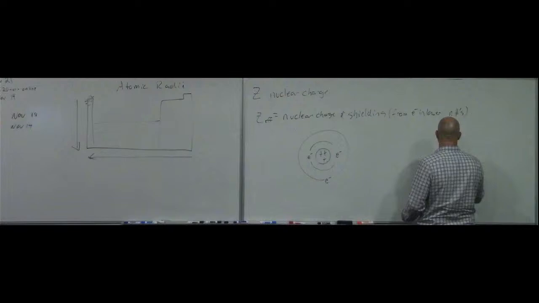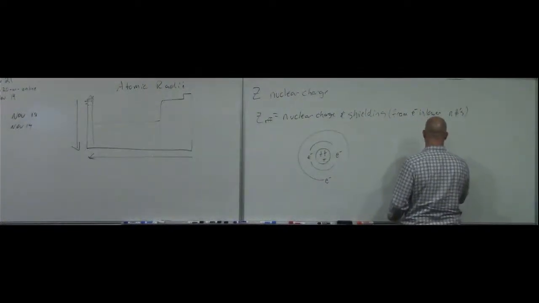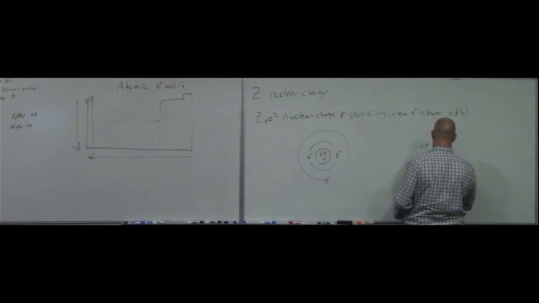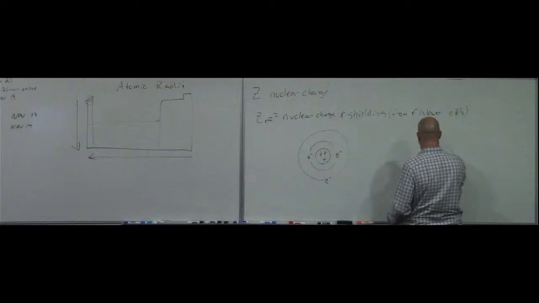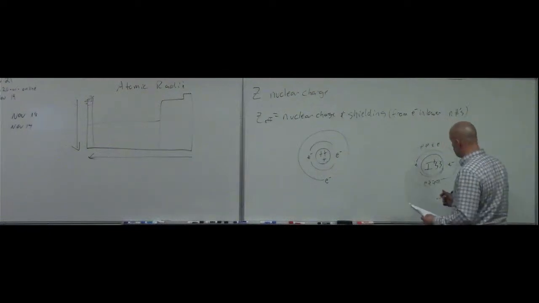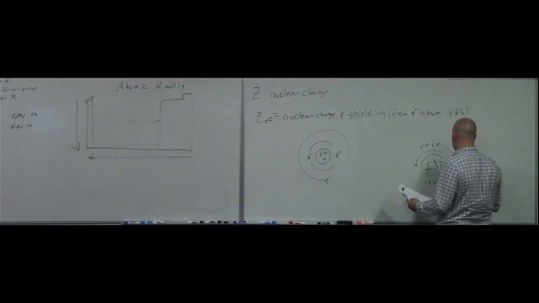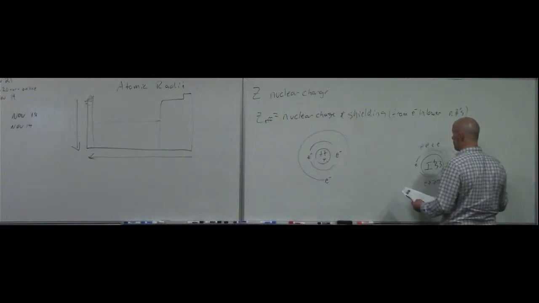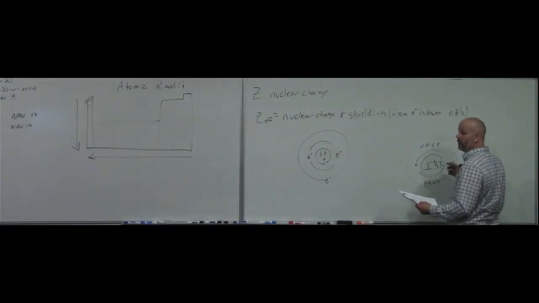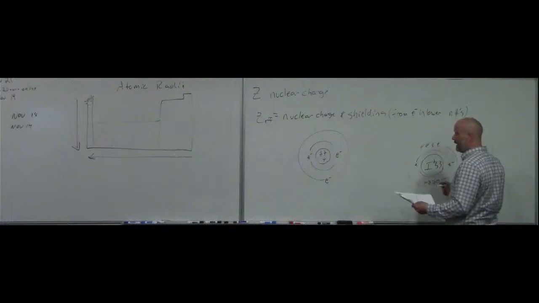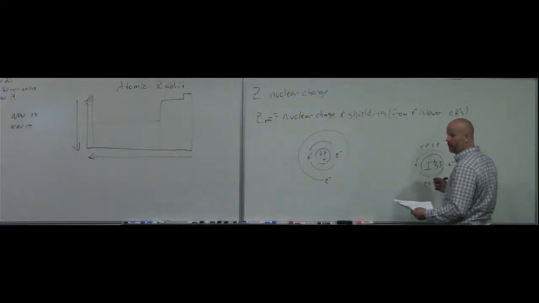My electrons, I got 2 in the first, right? I got 8 in the second. And then I've got, how many in the next one? 8. How many fit in the third total? 10. 18, right? 10 and 8 and 2. 18, right?